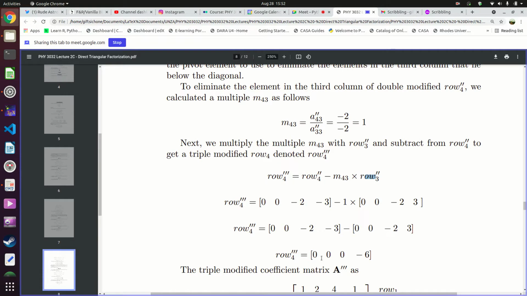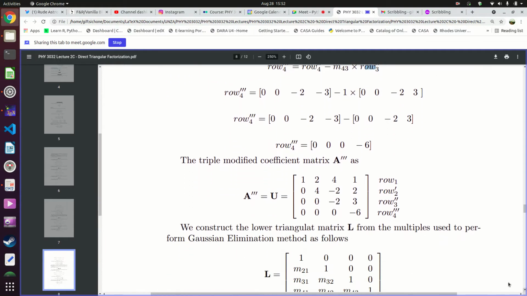So row number 4 modified for the third time is 0 0 0 -6, and therefore your coefficient matrix A, when we turn it into the modified form, is equal to your upper triangular matrix, which is 1 2 4 1 for the first row, then the second row is 0 4 -2 2, the third row is 0 0 -2 3, and the fourth row is 0 0 0 -6.